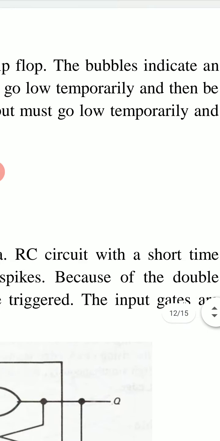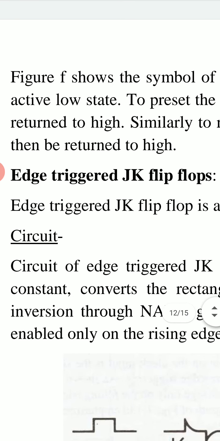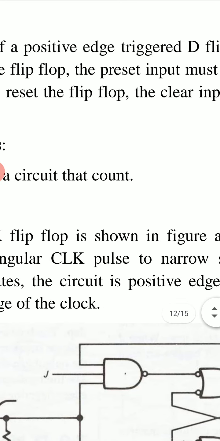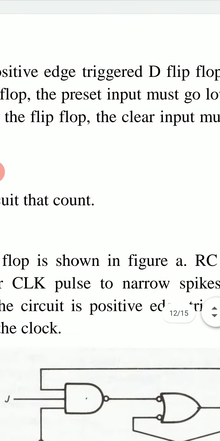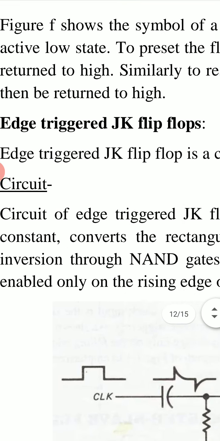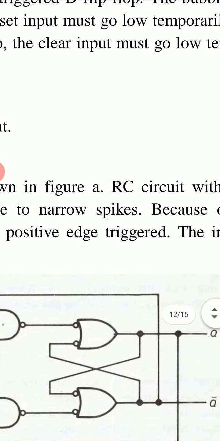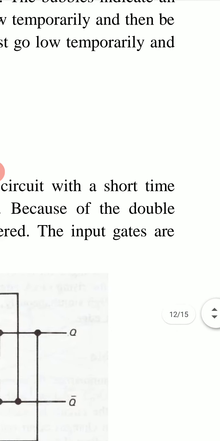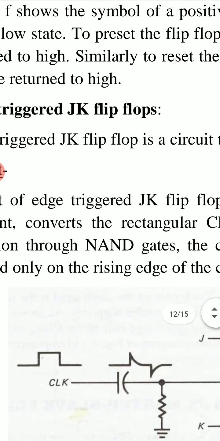The bubbles indicate active low state. To preset the flip-flop, the preset input must go low temporarily and then return to high. Similarly, to reset the flip-flop, the clear input must go low temporarily and then be returned to high.